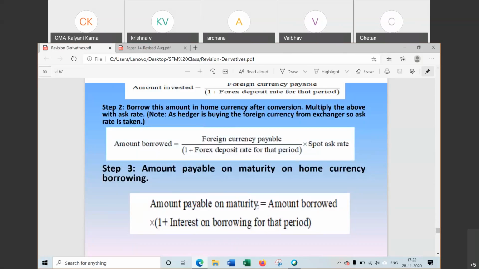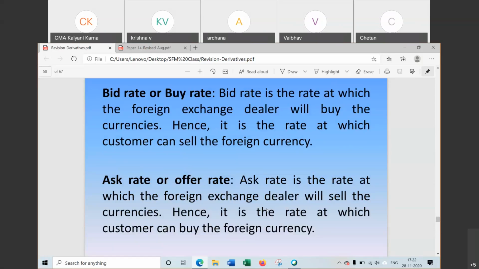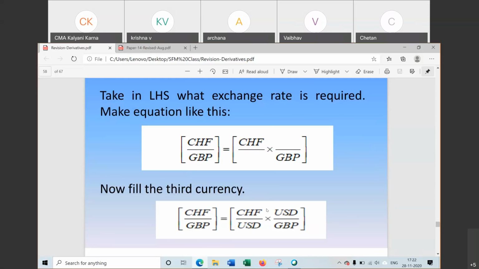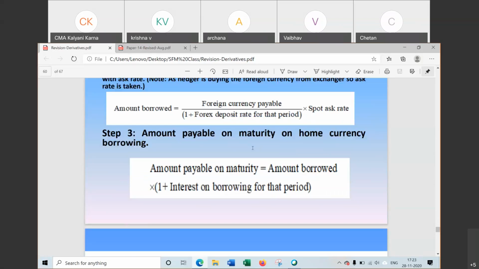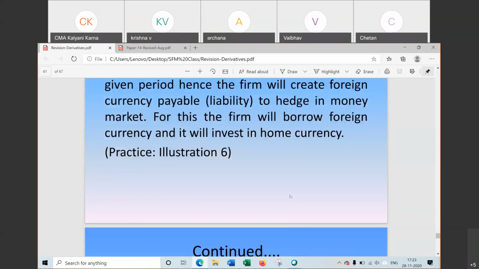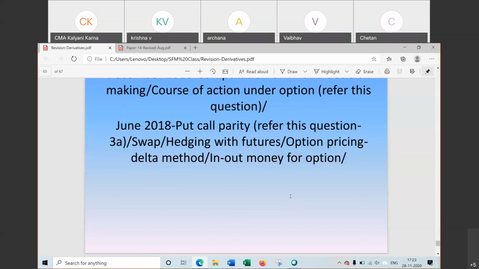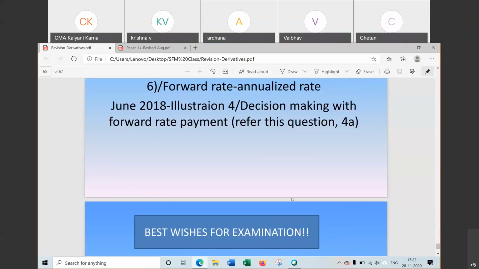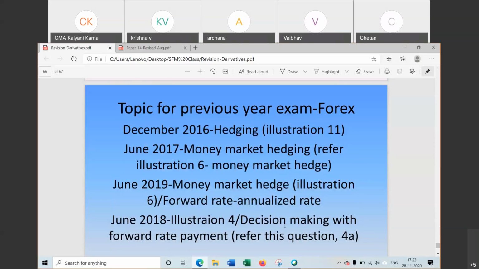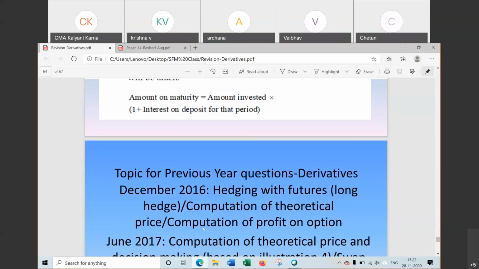So these are the questions generally asked for. Overall, we can say, while revising derivatives, you must revise foreign currency payable, foreign currency receivable. Focus on these highlighted topics: foreign currency payable, receivable, and annualized appreciation, depreciation, decision making, interest rate arbitrage.